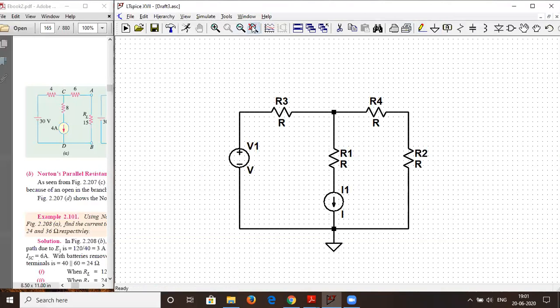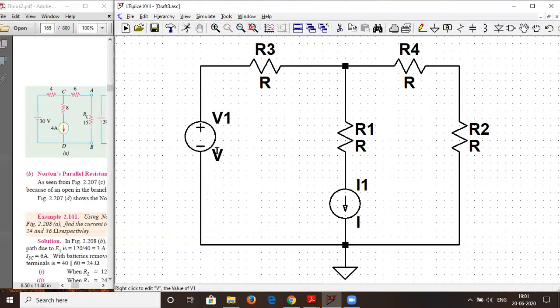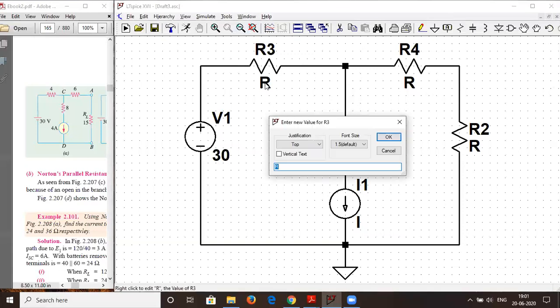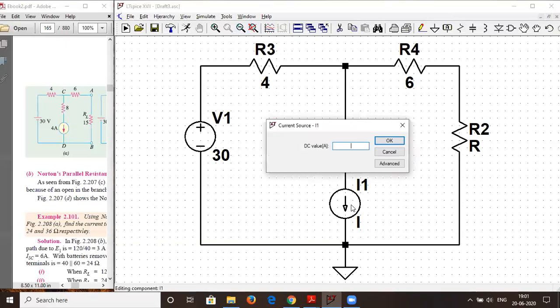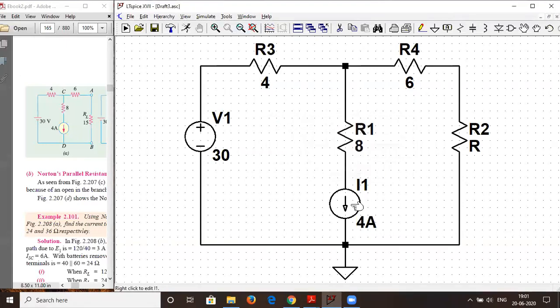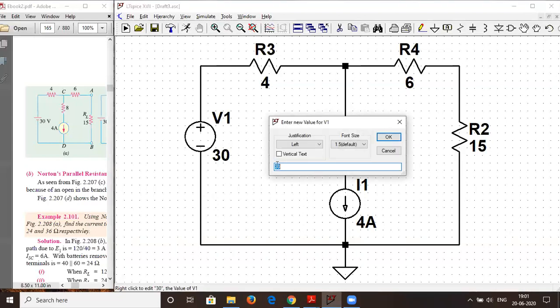Now we have to define the values. This is around 30 volts. This is 4 ohm. This is given as 6. This is given as 8. And this is given as 4 amperes. And this value over here is 15 ohms. So actually we need to find the current flowing through the 15 ohm resistance. This is actually 30 volts.